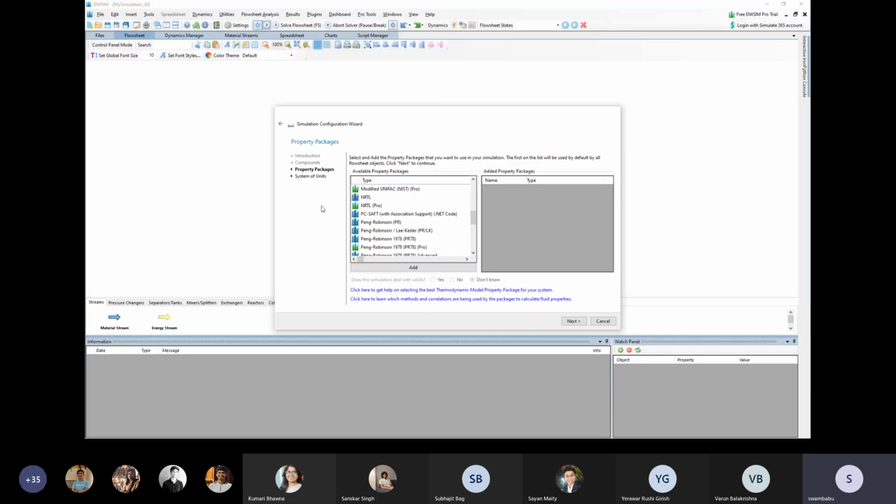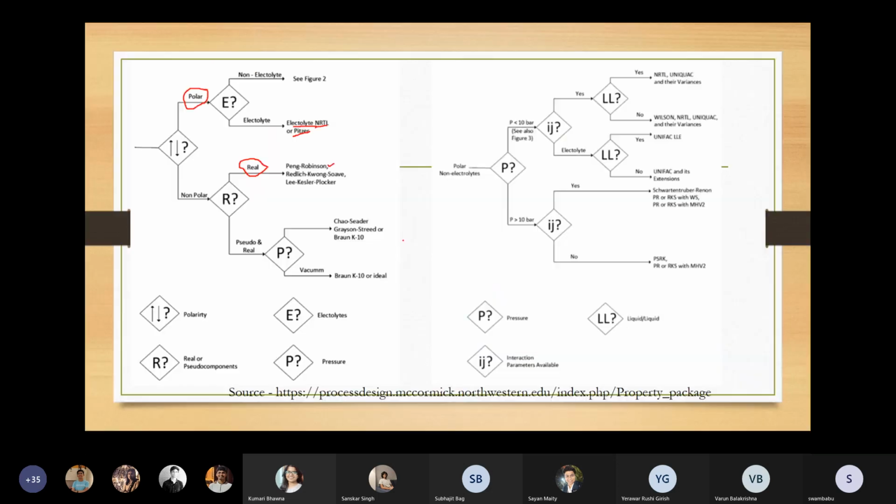You can see here for non-polar components we can use Peng-Robinson, Lee-Kesler, or the SRK property package. If it is pseudo-real components, then we have to use this property package.